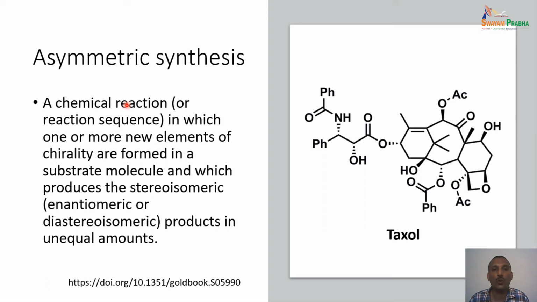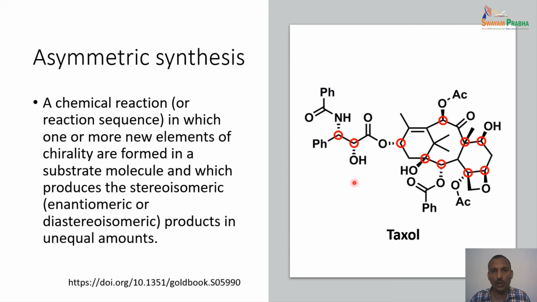And if it is an asymmetric total synthesis, our end product has to be a naturally occurring compound. That is the only difference. Asymmetric synthesis means any single step can give one of the stereoisomers in large quantities. If it is a total asymmetric synthesis, the total means basically it is a complex molecule. If you look at this compound, we have 1, 2, 3, 4, 5, 6, 7, 8, 9, 10 stereocenters.